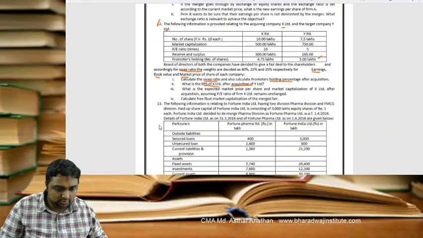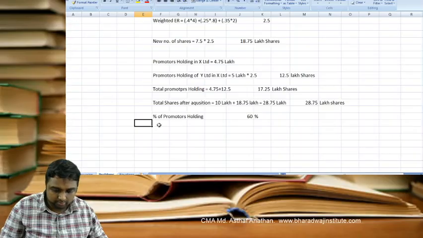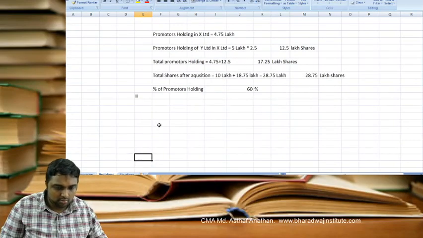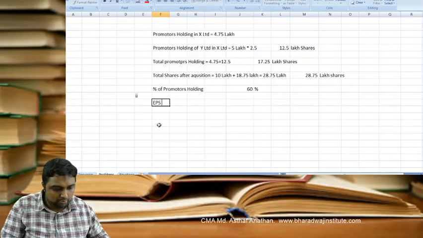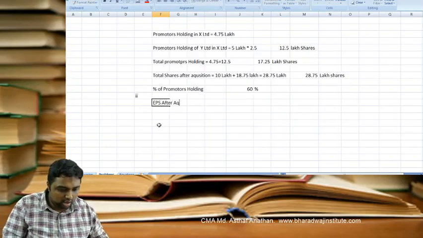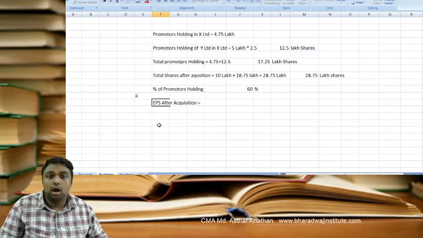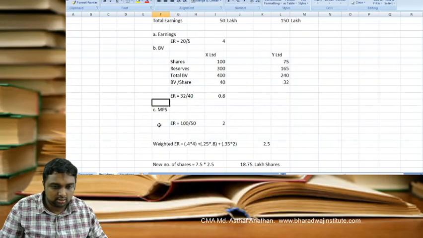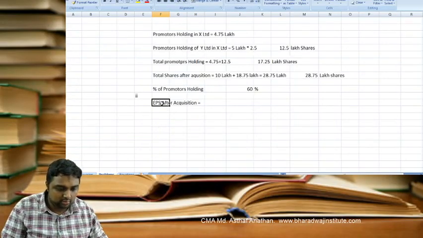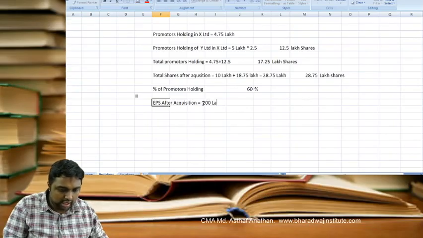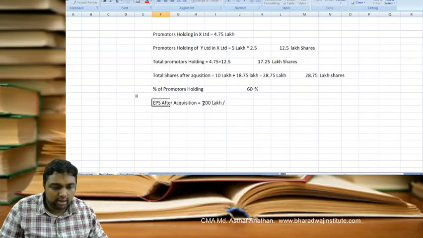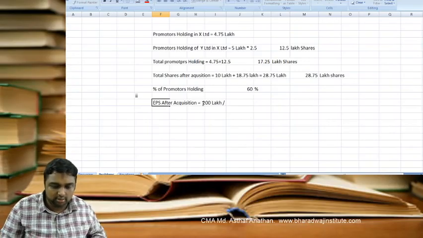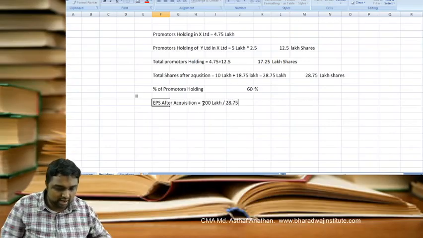So EPS after acquisition, how to find out? First we have to find out the earnings, 200 lakh, divided by total shares, 28.75 lakh.